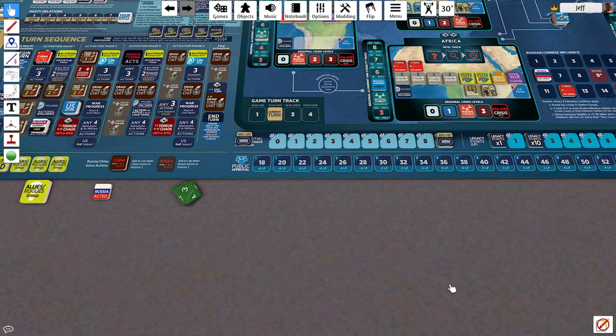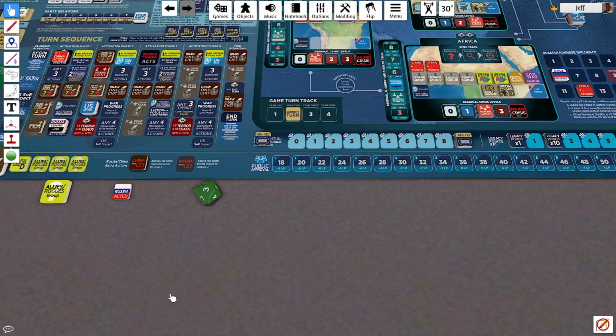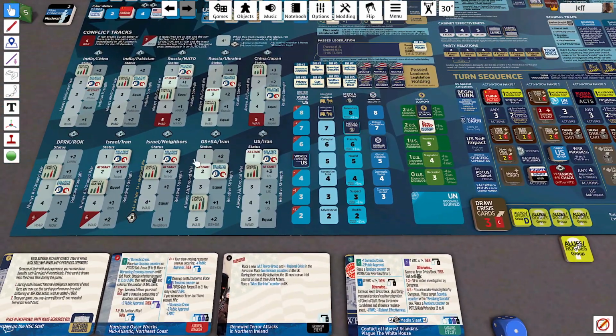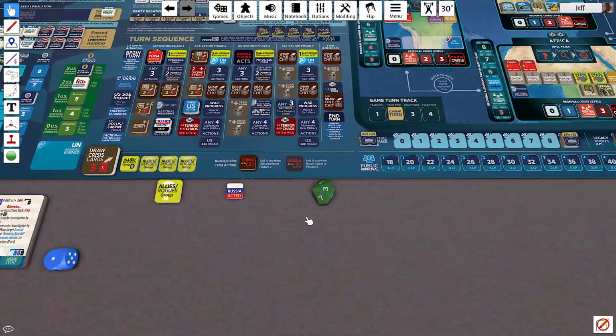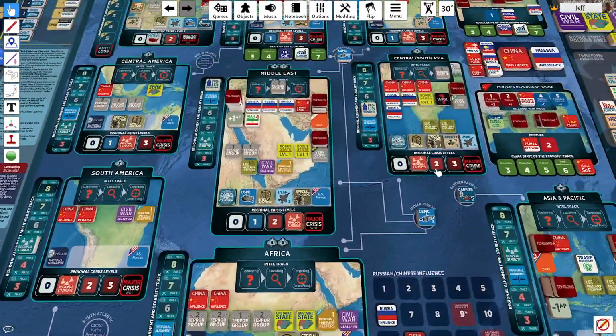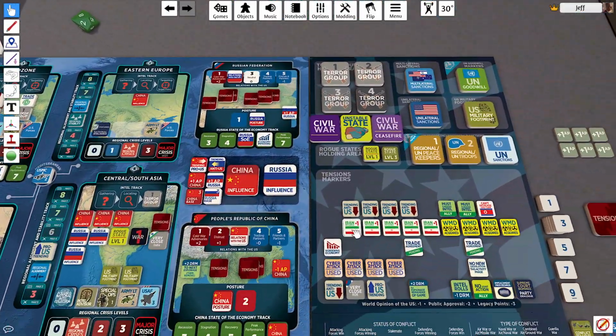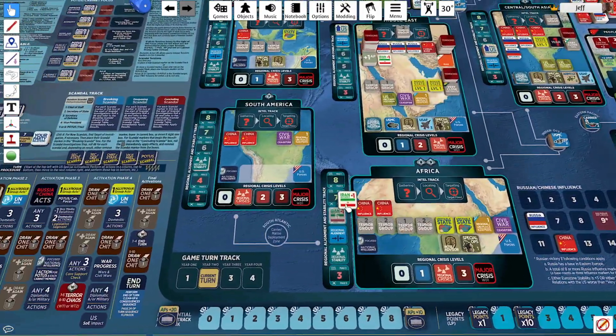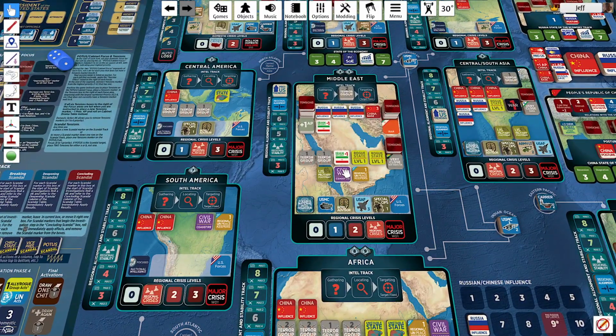No further effect. Or no, I'm sorry. Israel, Iran. Move closer to war. And then one more. That should have been a 3. Iran gets to put out an influence marker. And I believe it's on the Civil War.